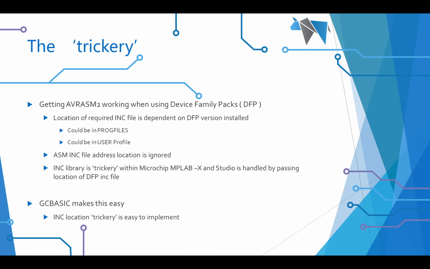And if you use MPLAB X or Microchip Studio, it's all fine. But that doesn't work when you want to make things very easy for end users, because the location of the include file is dependent upon the DFP version installed. It could be in your program files. It could be in your user profile.